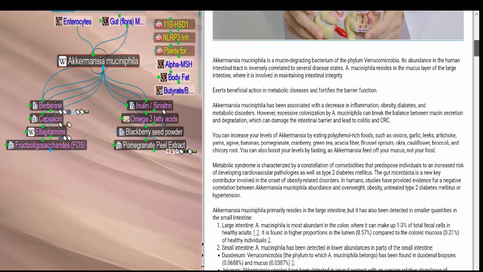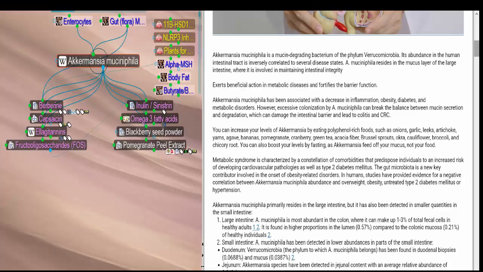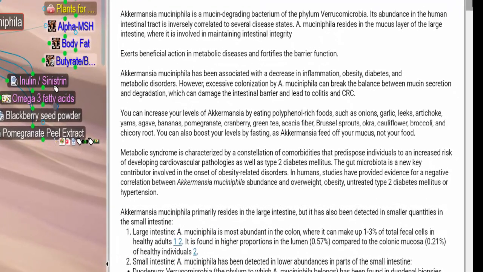So it's a mucin-degrading bacterium, and its abundance in our intestinal tract is inversely correlated to several disease states. It resides in the mucus layer of the large intestine, where it's involved in maintaining intestinal integrity. There is a little bit also in the small intestine. It has really beneficial action in metabolic diseases, and it fortifies the barrier function.